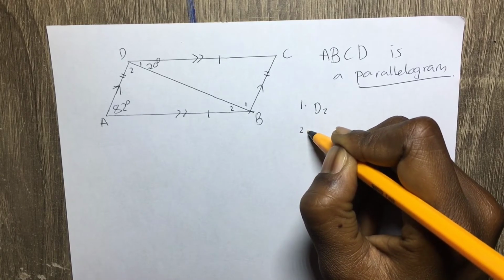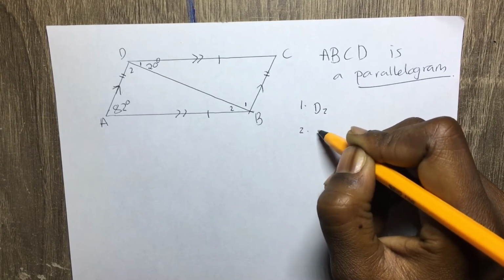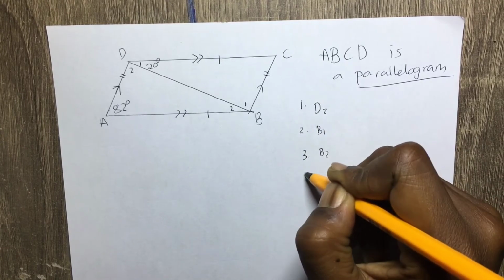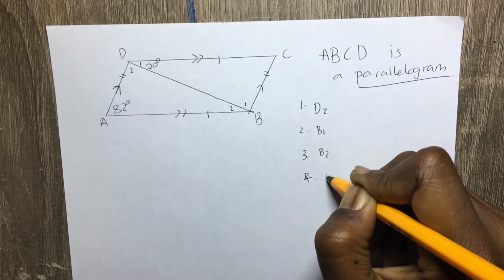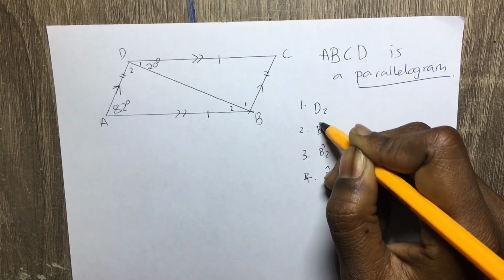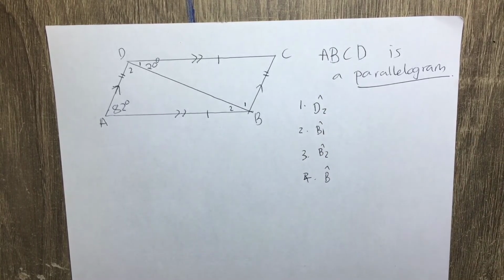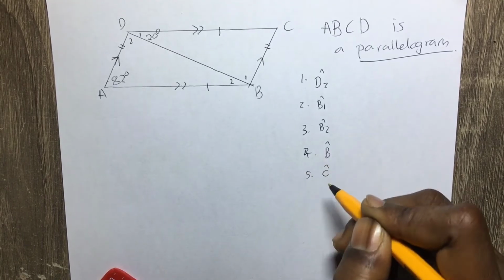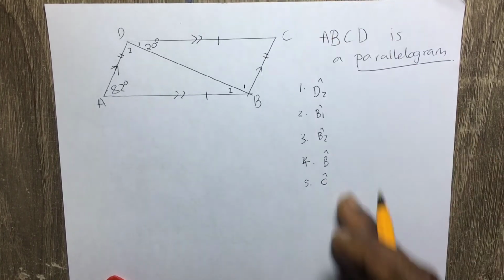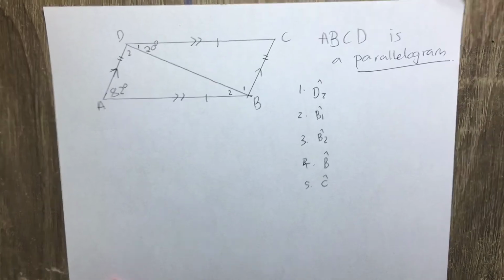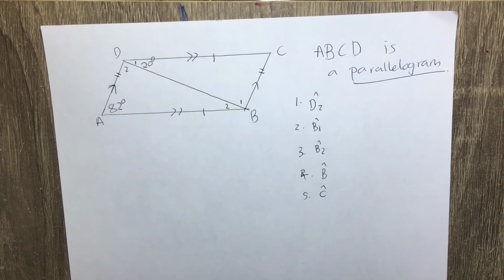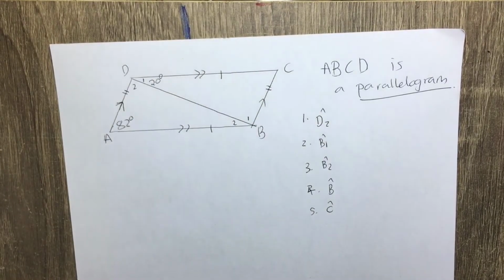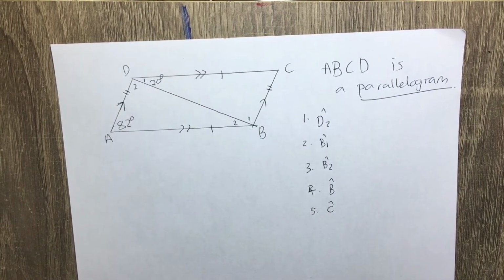They're going to ask you to calculate angle B1, angle B2, the whole of angle B. So we're calculating angles here. And lastly, they want you to calculate angle C. So we can answer all these things without even being aware that we're answering it. What we have to do is to analyze the diagram and then try to solve it.